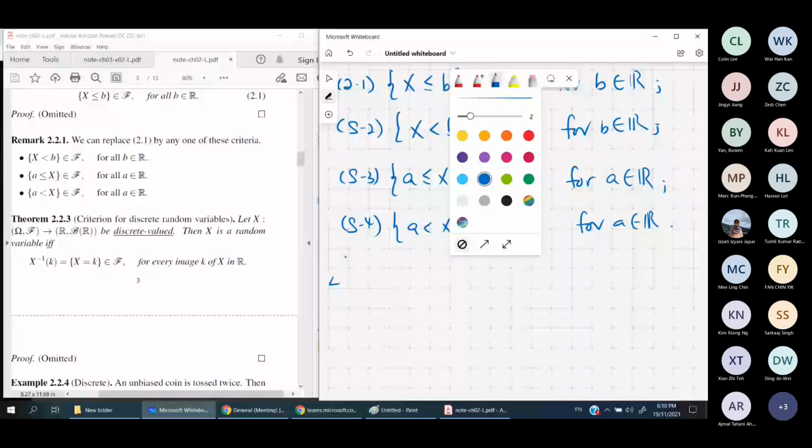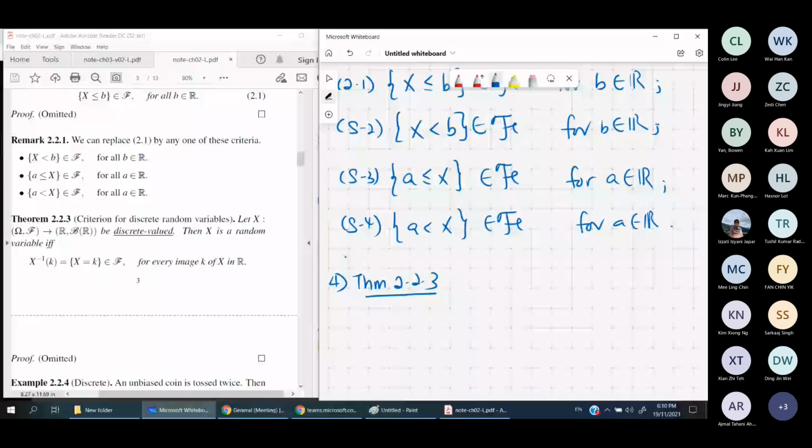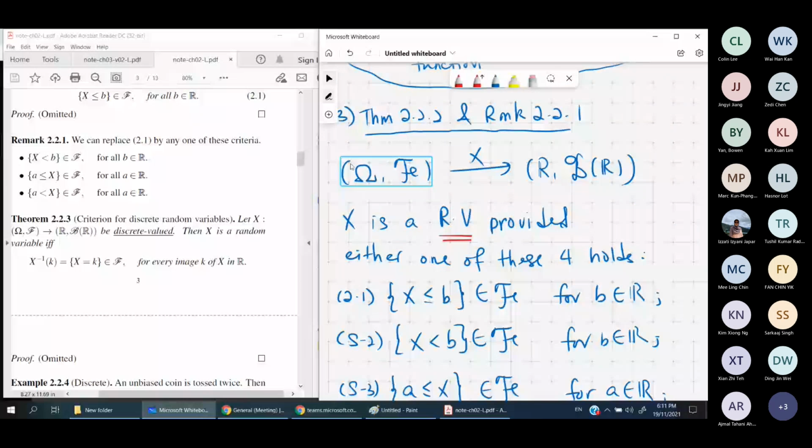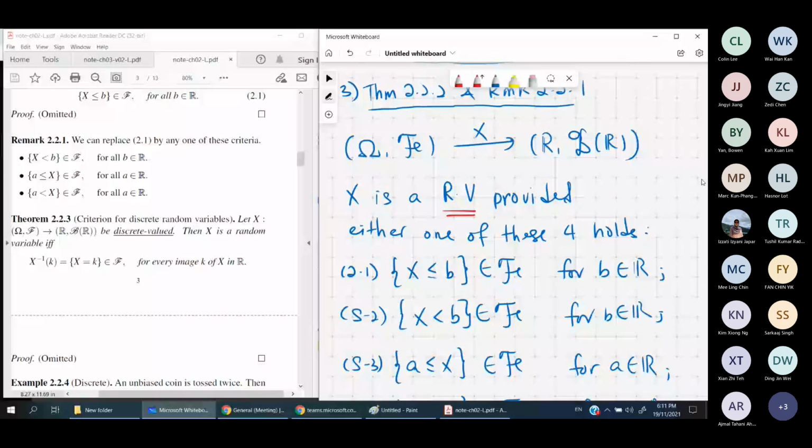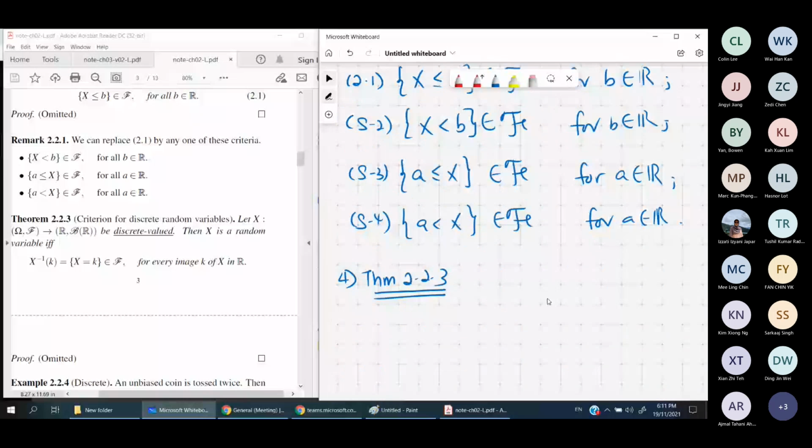So this is another important result. We can use all this to test whether a function is a random variable. For the first one, this theorem 2.2.2 is actually applicable to all the cases. In particular, if we know a given function takes only discrete value or integer value, we can use a much easier way to test it.